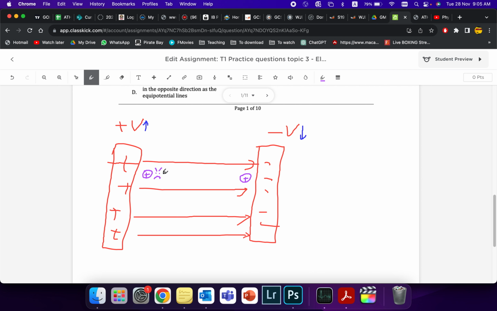He wants to run away. He wants to go this way. So his energy, the U for this person, will be quite high, until he gets to the other side. Over here, he is very happy to be here. He is exactly where he wants to be. So his U, his energy, will decrease as he goes along to the right.